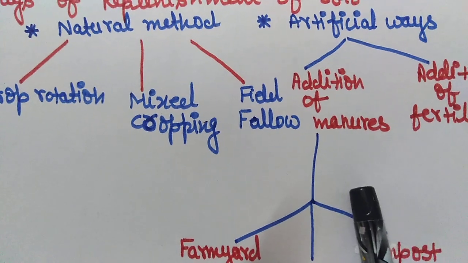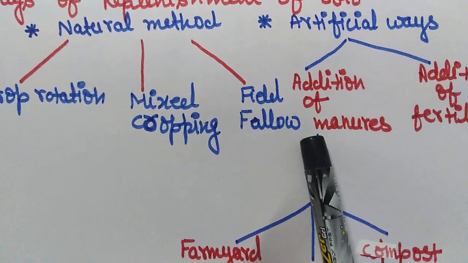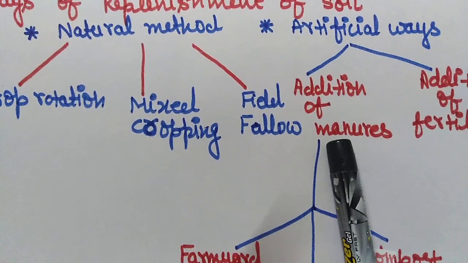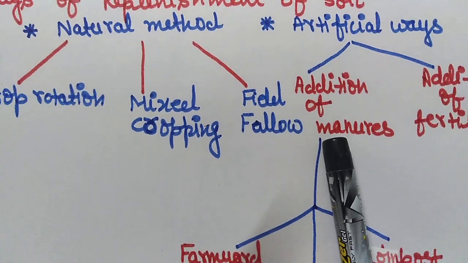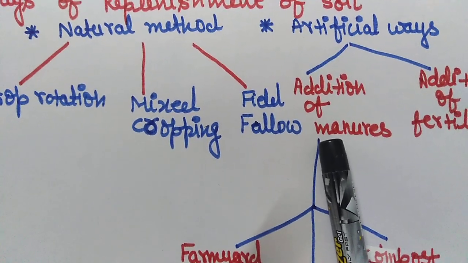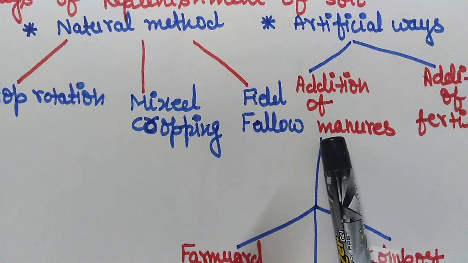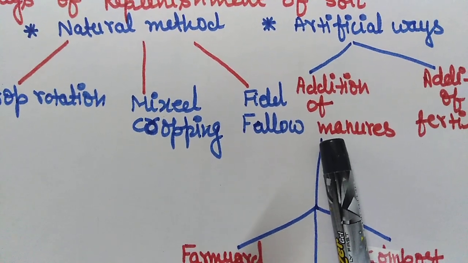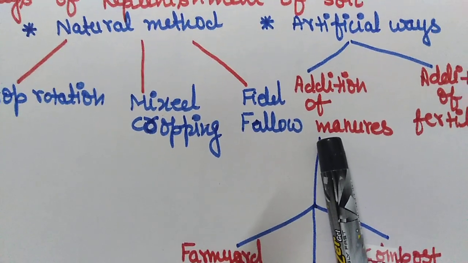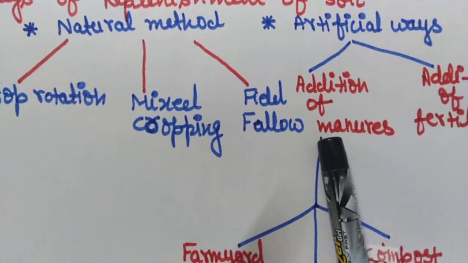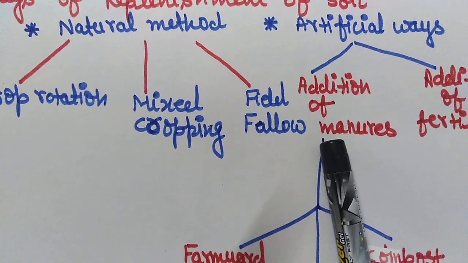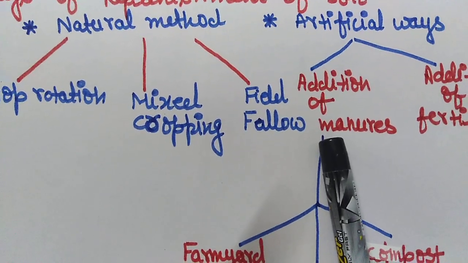It means replenishing or enriching the soil by adding some manure. Manure is a natural source of soil nutrients. It consists of decayed organic material obtained by decomposing dead plants and animal bodies.